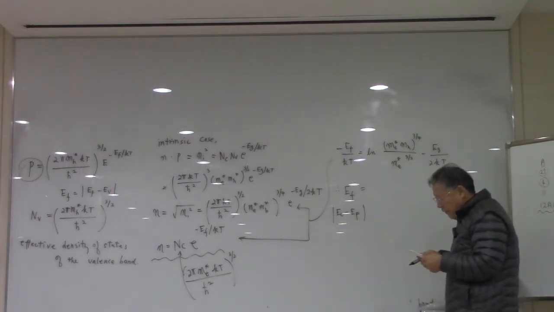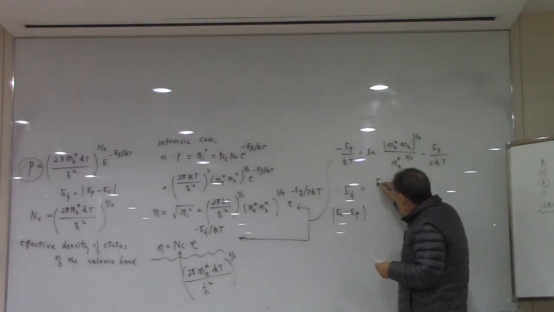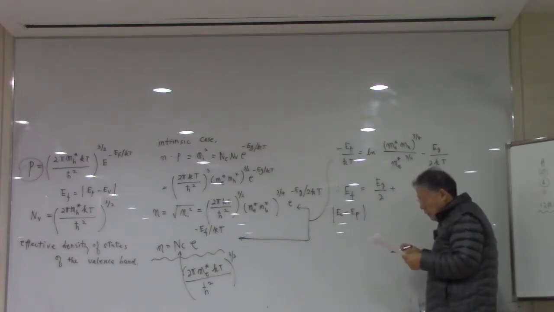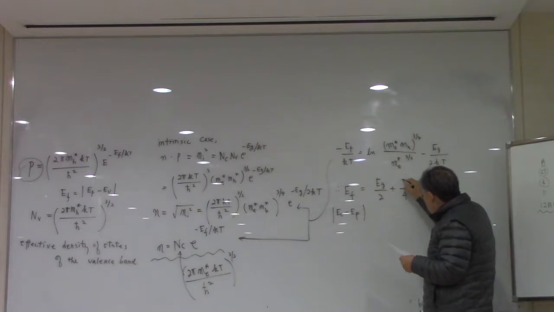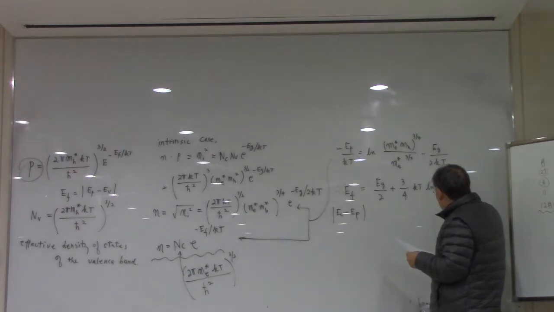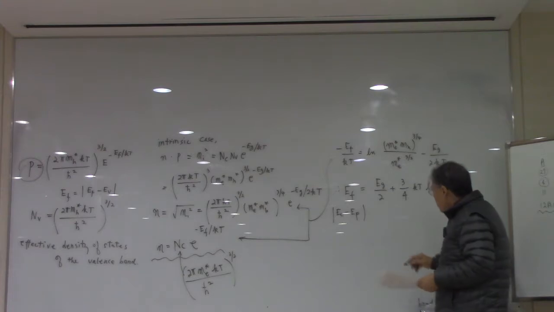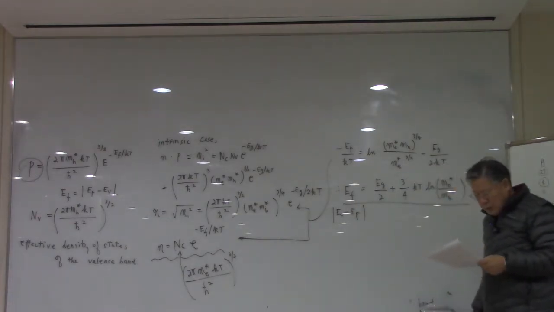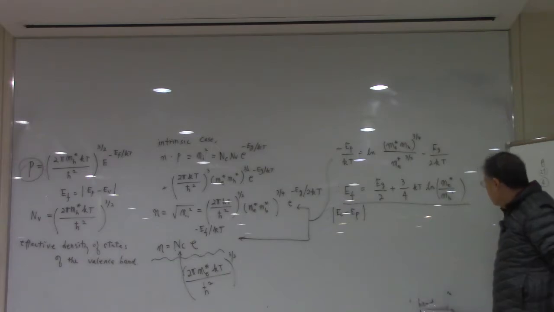So this way we can determine the location of the Fermi energy in the system, with mE star over mH star. This is a very important equation. Okay?